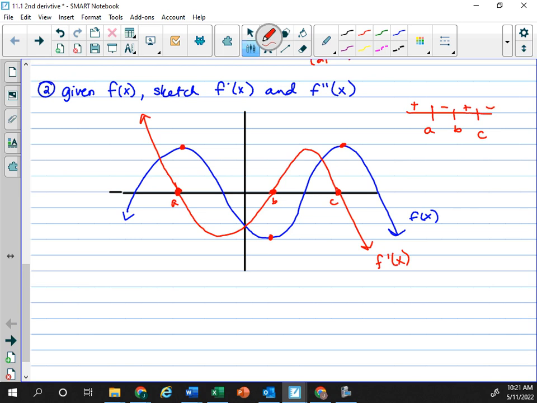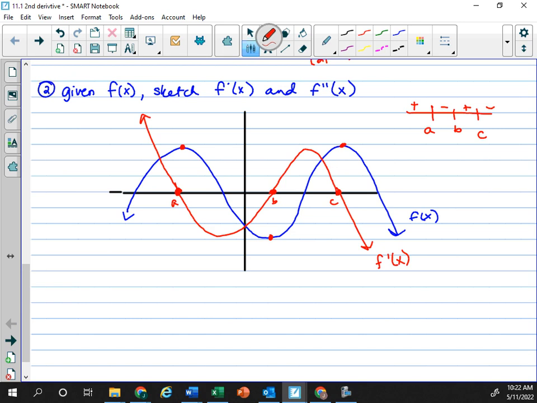That means above or below the x-axis. So if I need to be above the x-axis for this, do you see it? Yeah, that's what's so hard. You're like, no, but it's increasing and I'm drawing a decreasing graph. Two different things. The original is increasing, the first derivative is positive.